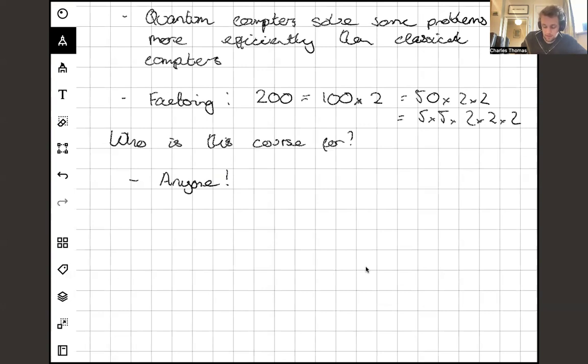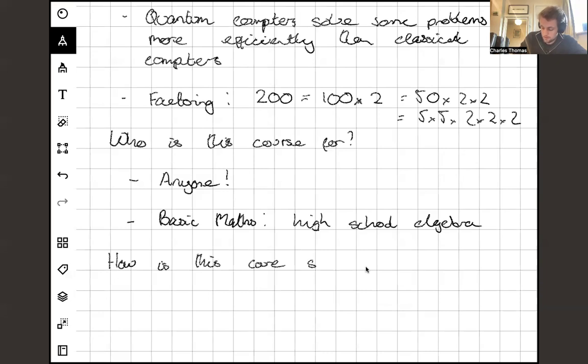The only maths you would need to know is high school algebra. So familiarity with adding numbers, subtracting numbers, solving some very basic equations, nothing too scary, hopefully accessible to as many people as possible.